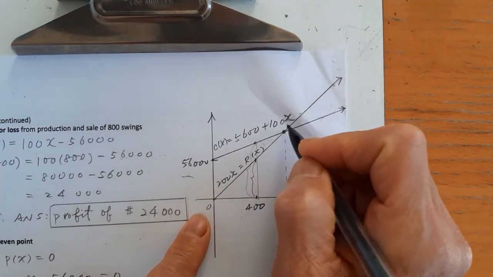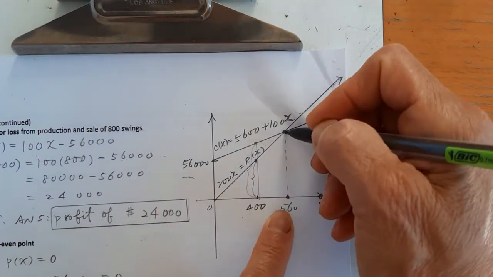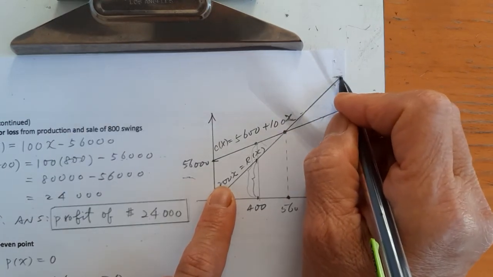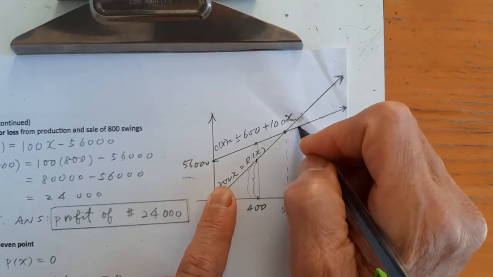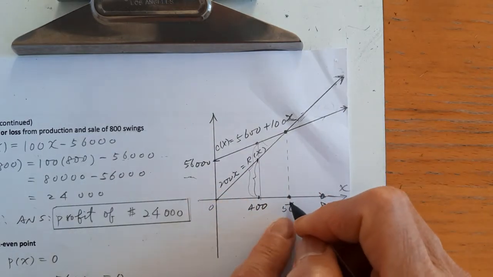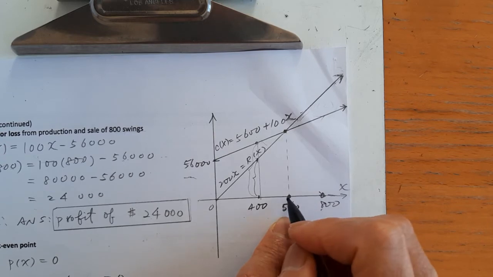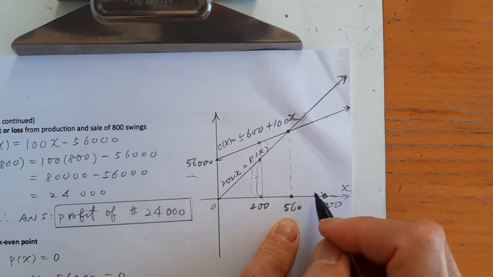After 560 swings, the money you bring in is more than the cost, so you have a net profit.